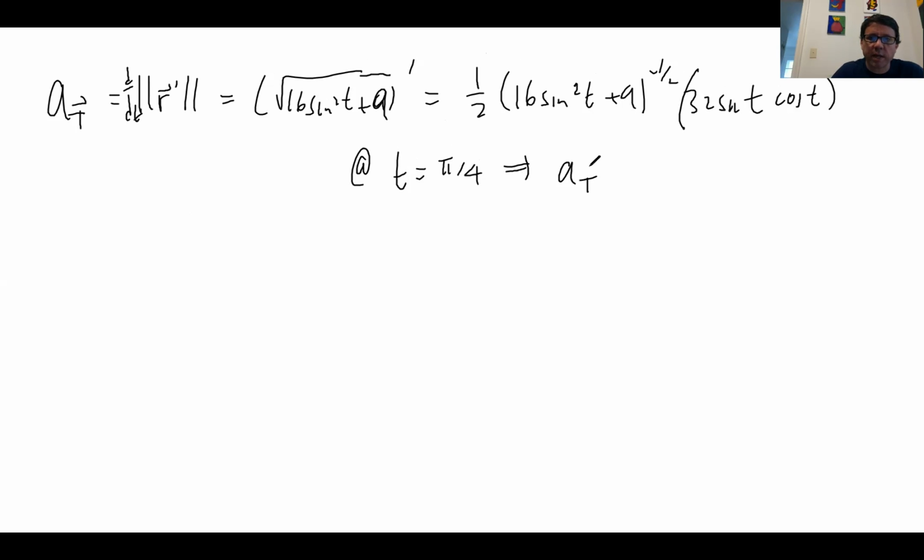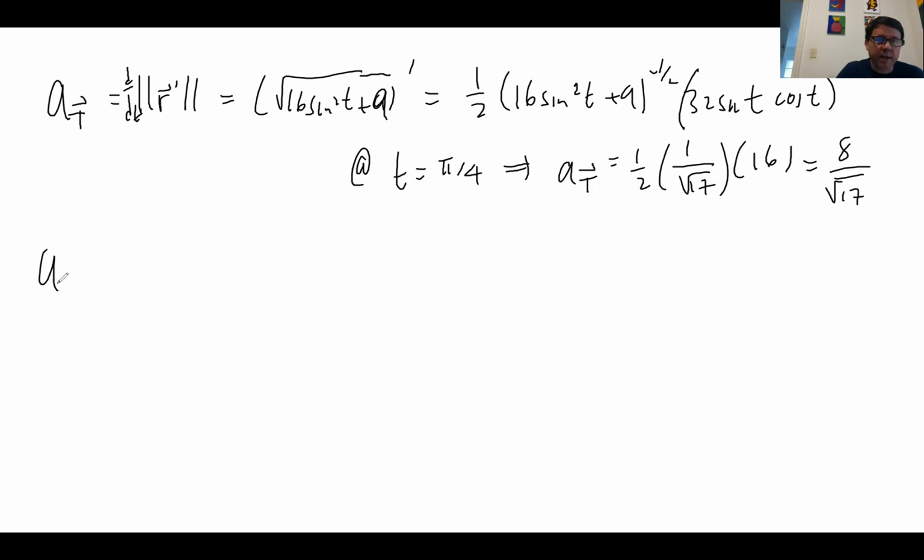So you just plug that in and you'll get, let's see, 1/2 times 17 to the negative 1/2, which means 1 over the square root of 17. And then you plug in pi over 4, you'll get square root 2 over 2 times square root 2 over 2 times 32, and that's equal to 16. So it will be 8 over the square root of 17 to get a sub t. To get a sub n, the formula in the book says it's the length of the acceleration vector squared minus the answer you just got squared.